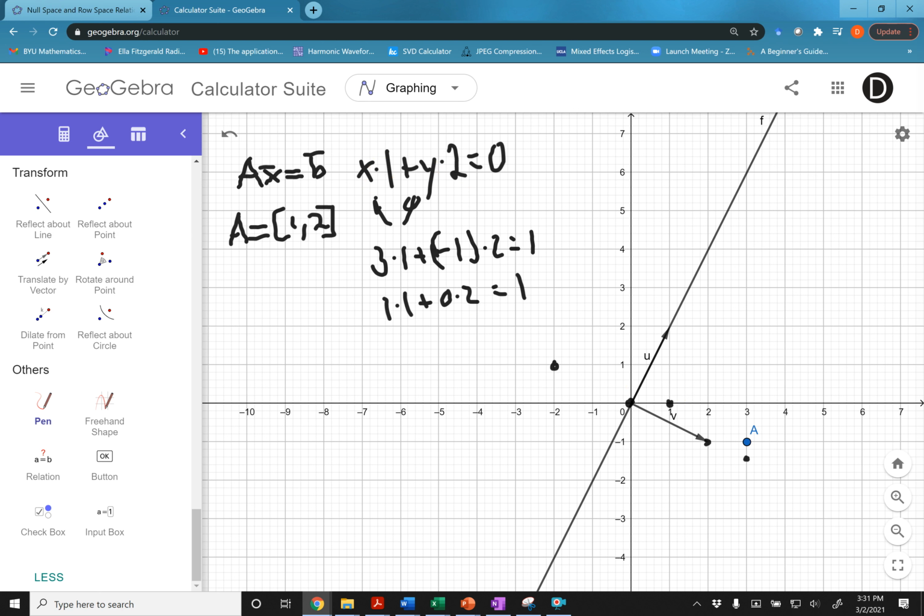A minus 1 and 1. If I have this 2 and I subtract that 1, I can get that with minus 1 times 1 plus 1 times 2, that's 1. And so I have that spot right there. And those also look like they're all on the same line.